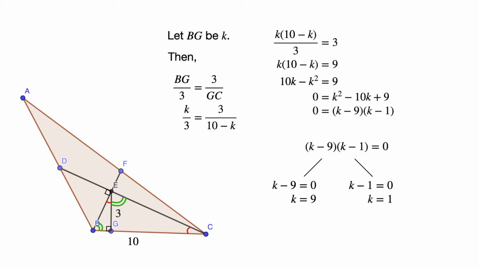Although both solutions work when you plug them back into the original equation, the actual solution is K equals 1. This is because the problem explicitly stated that the length of AC is greater than the length of AB. If we let K equal 9, then length AC would not be greater than length AB, so we have to take the value of 1.